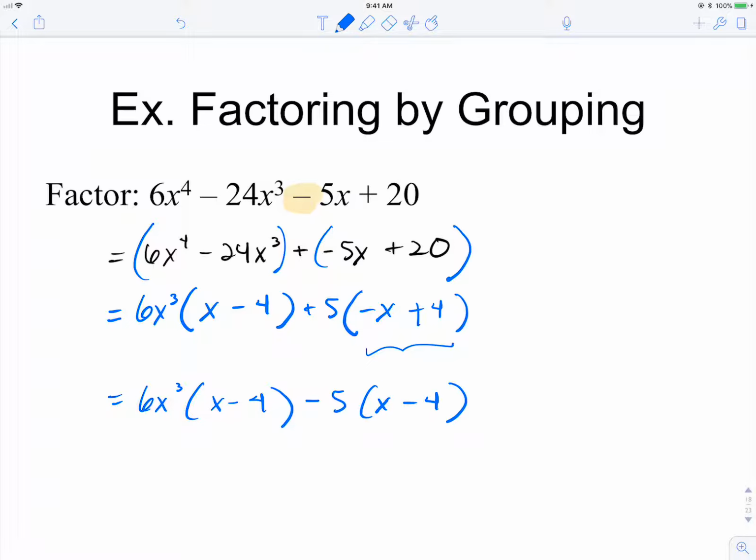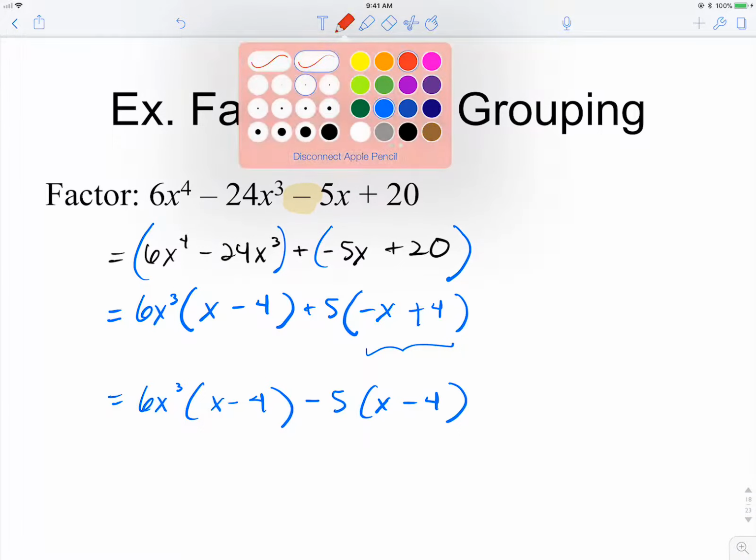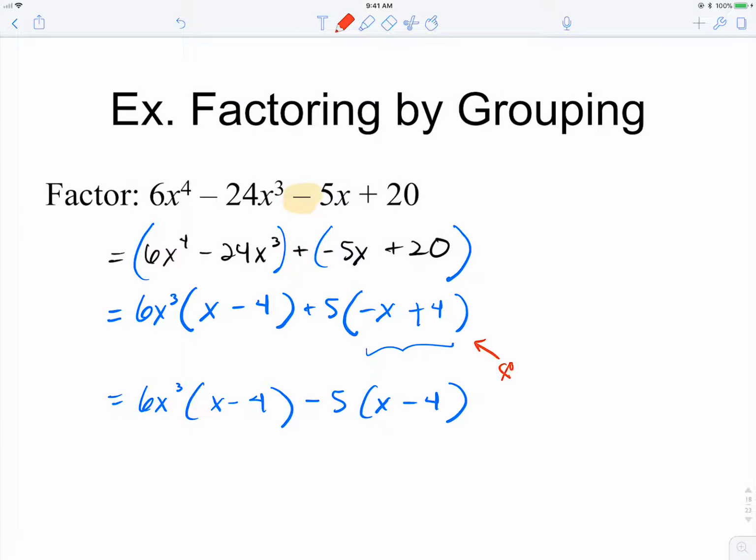When I factor the negative 1 out, it'll change the signs of that grouping. Make a little note there. Factor out negative 1.